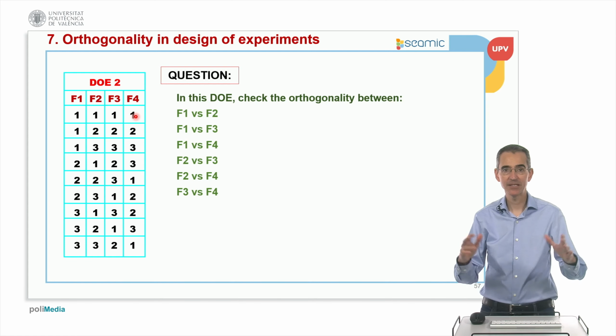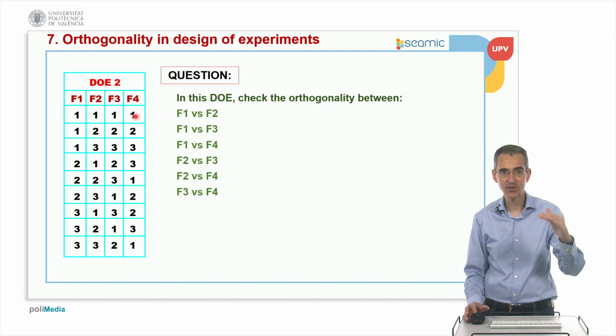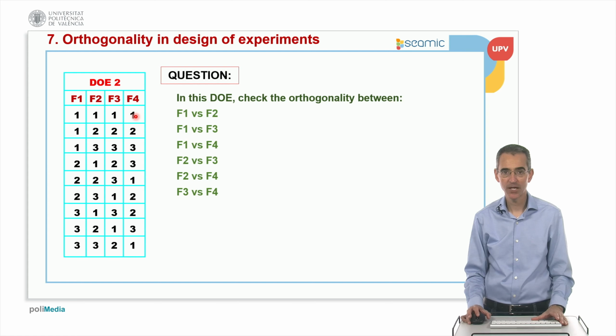In the case of a complete design, we would require 81 trials, but we are just running 9 of them, which is called a fractional factorial design. But anyway, in this case, we can check that all simple effects are orthogonal between them. So F1 is orthogonal to F2, F1 to F3. All simple effects are orthogonal, which is a very interesting property.